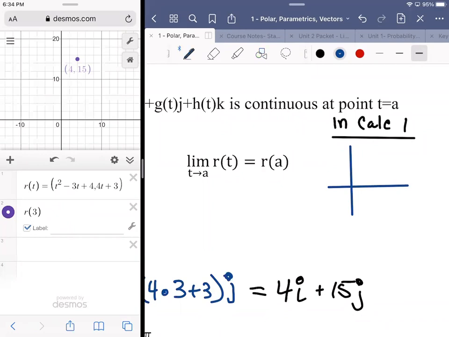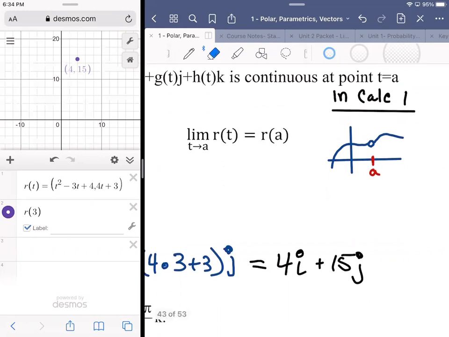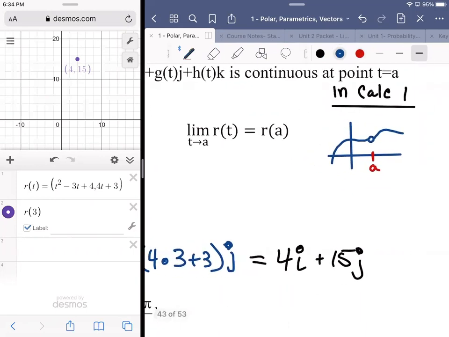Anyway, so let's say I have this arbitrary function, and there's a hole, and then another arbitrary function going the rest of the way. And then at this location that I'll call A, we have that hole there, but it's specifically at A. Let me just kind of trim it up a little bit. All right. So at A, there is no value.